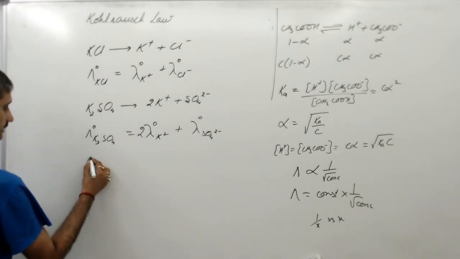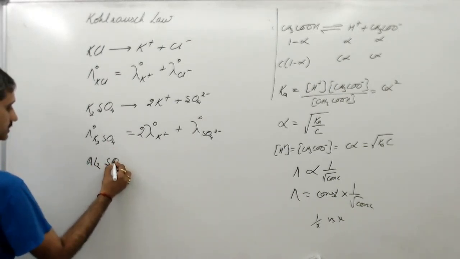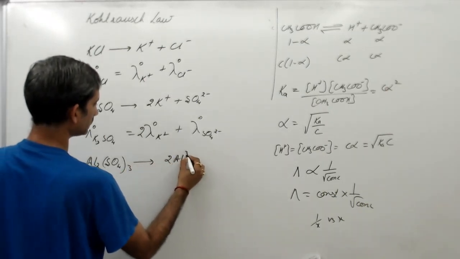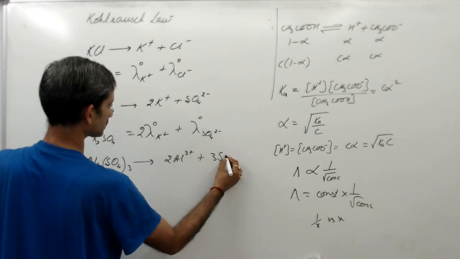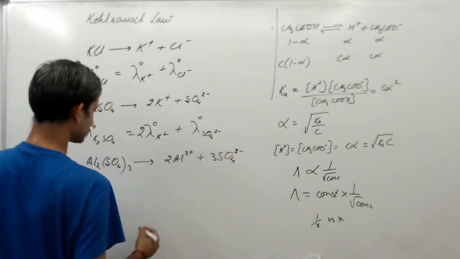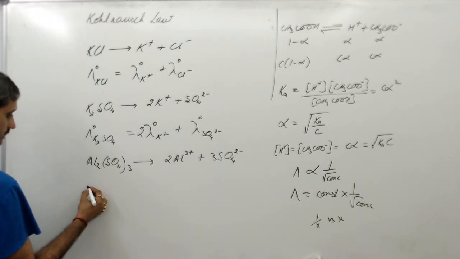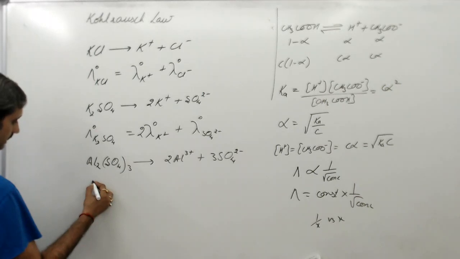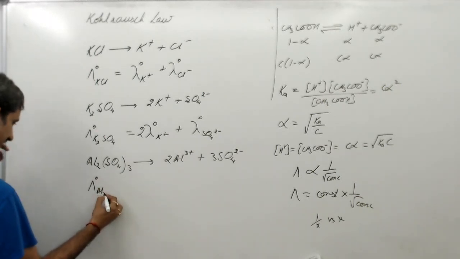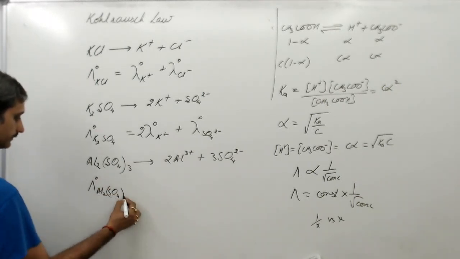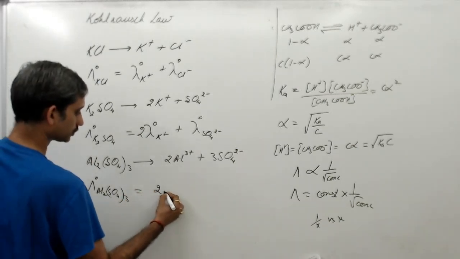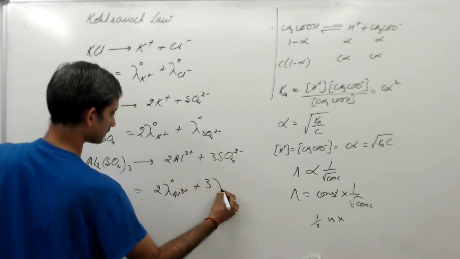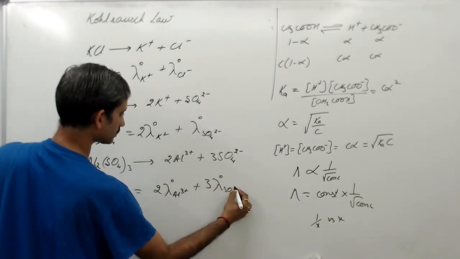If we have something like Al2(SO4)3, it gives twice Al3 plus and thrice SO4 2 minus. So lambda naught of Al2(SO4)3 is equal to twice the lambda naught of Al3 plus plus thrice the lambda naught of SO4 2 minus.